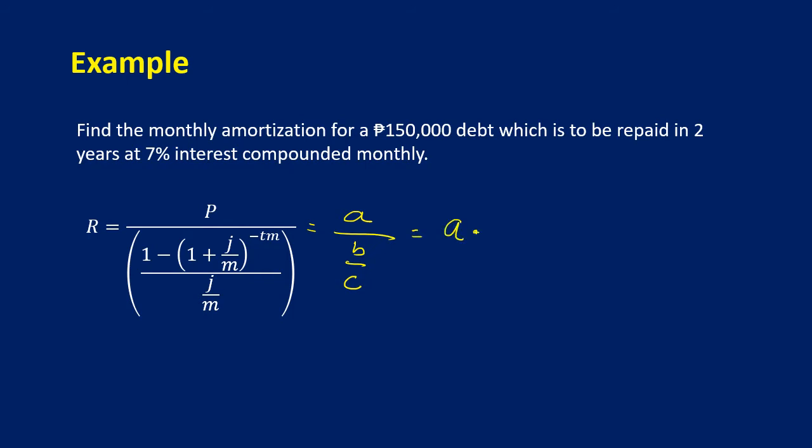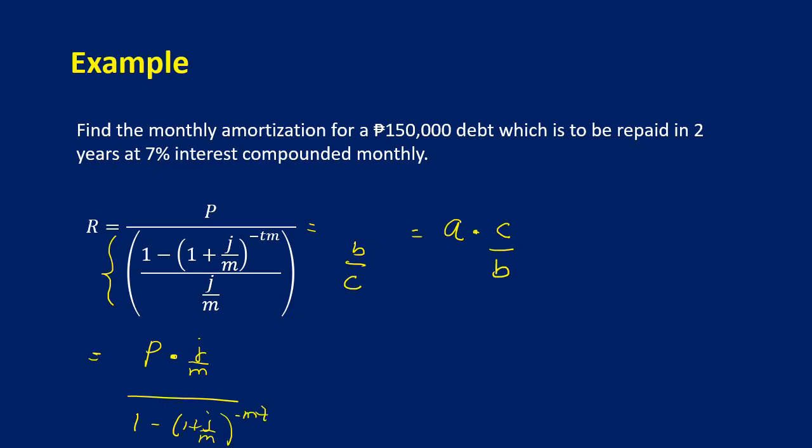Division becomes multiplication and then get the reciprocal. So therefore, our R becomes P times the reciprocal of this one. So you just interchange the numerator and the denominator. Okay, I will now erase this.